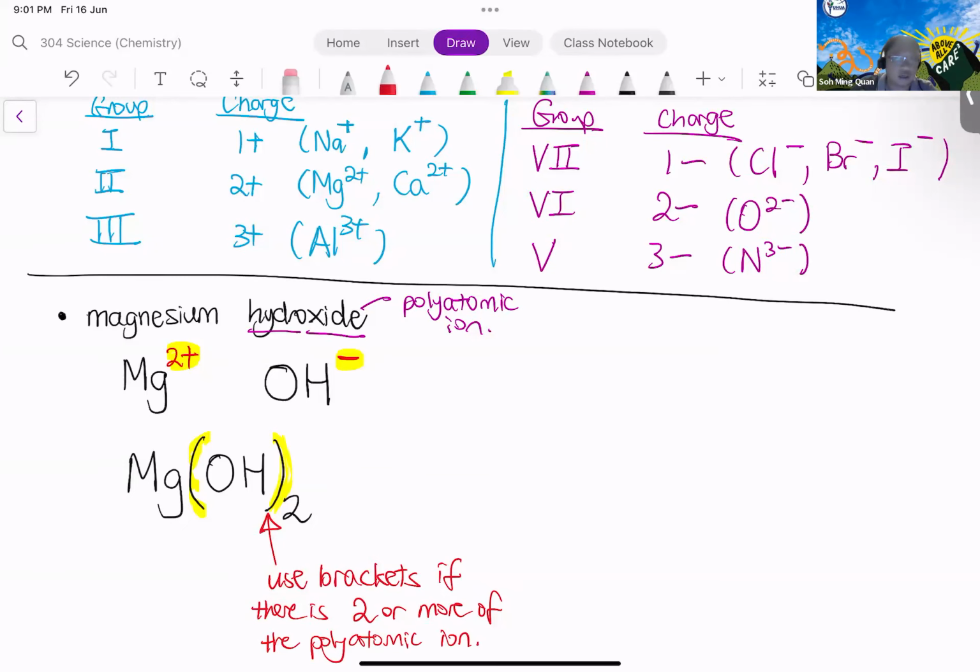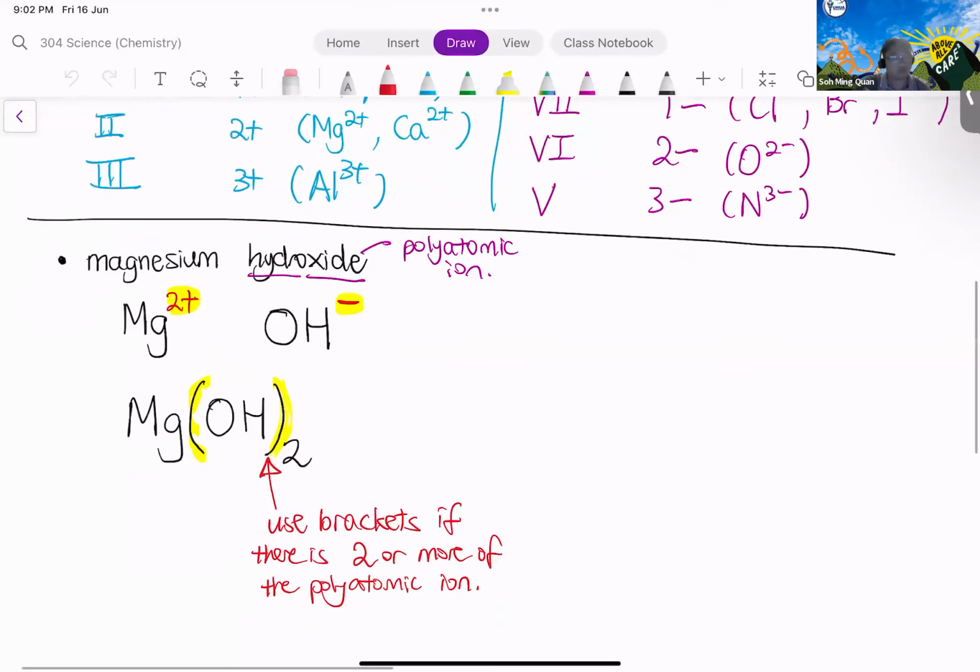Hydroxide is polyatomic because there's oxygen and hydrogen, right? There's more than one atom in the ion. So the formula of magnesium hydroxide is Mg(OH)2. The bracket is important because now you know that the 2 applies to the OH, the whole thing.